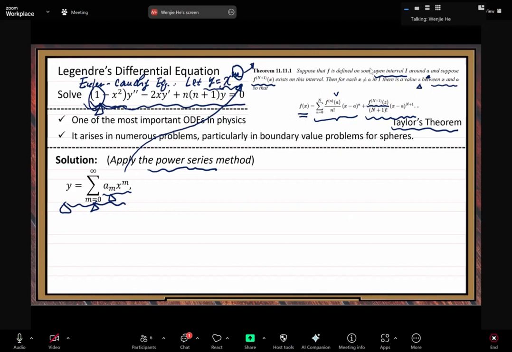Here you can see, this theorem gives us the important background information we need to understand this power series solution: how far we can go, how much we can do in the power series method. All right. So this time I want to go a little deeper than last time. Last time I didn't go this deep.